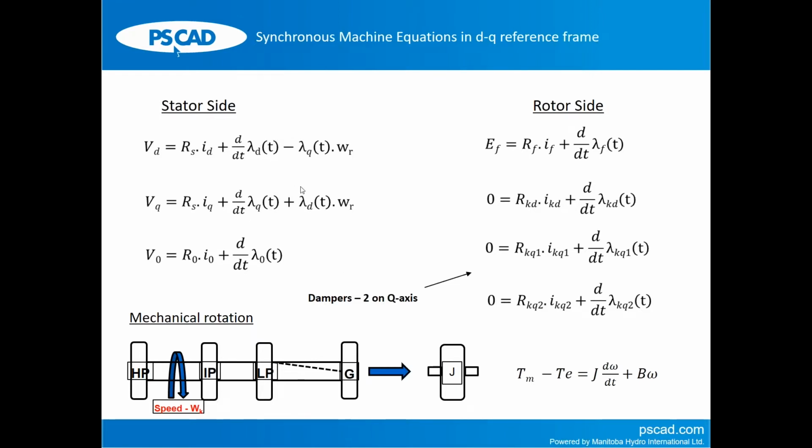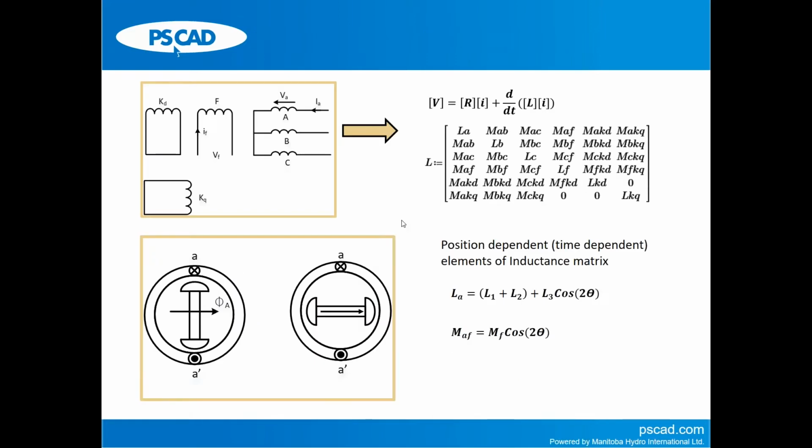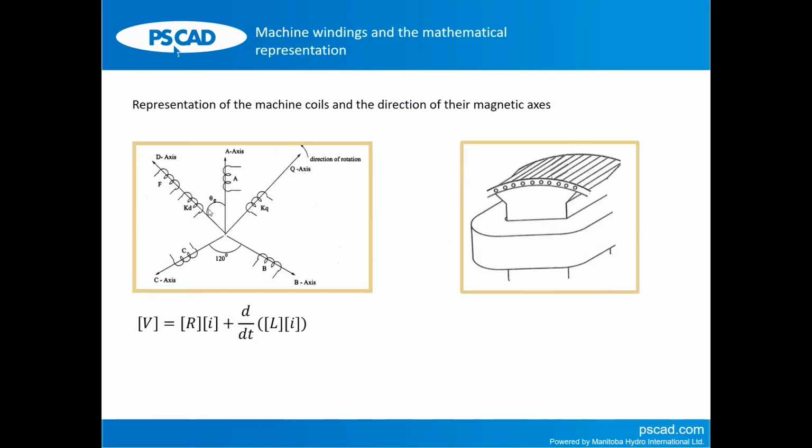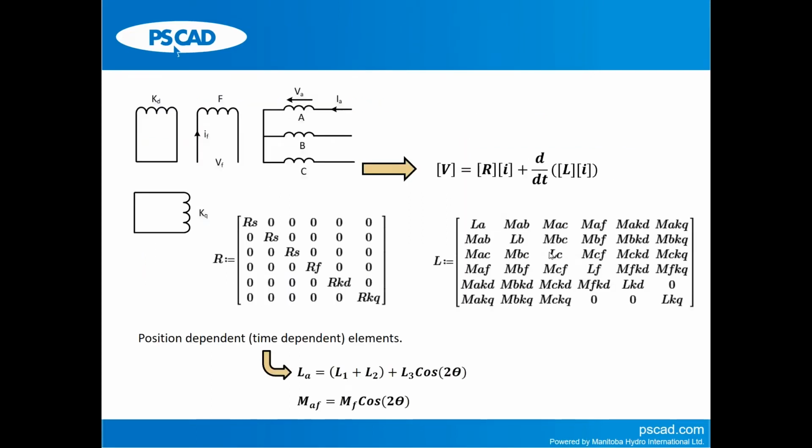Okay, so these are the electrical equations of the machine. Then you also have to solve the mechanical side of the machine. In order to solve the electrical equations, you need to know the position of the rotor with respect to a reference point, because all these L terms are position dependent.